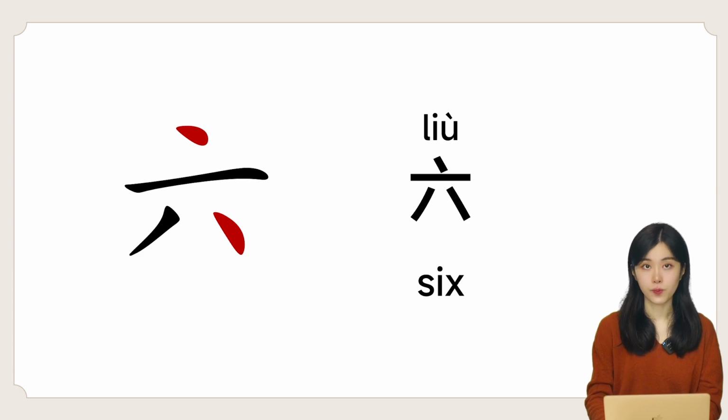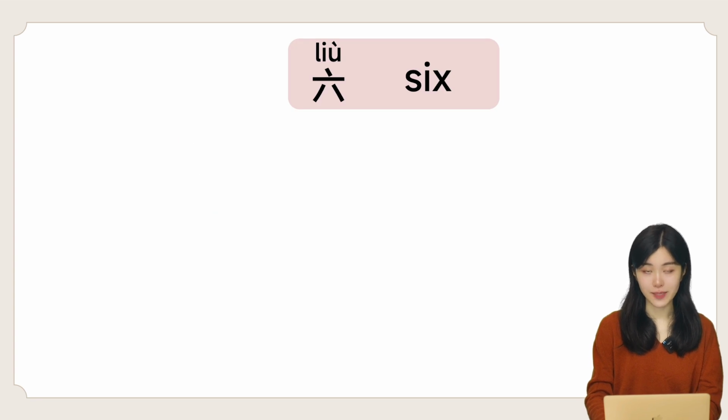六 means 6. Please read it after me. 六. See how to write it. We write it from the top to the bottom. So which stroke should we write first? Yeah, the dot on the top.